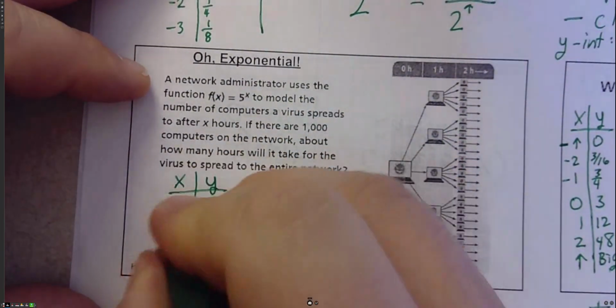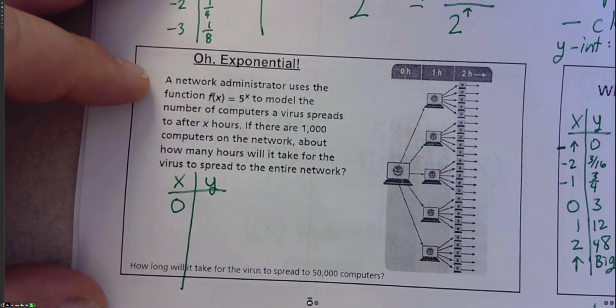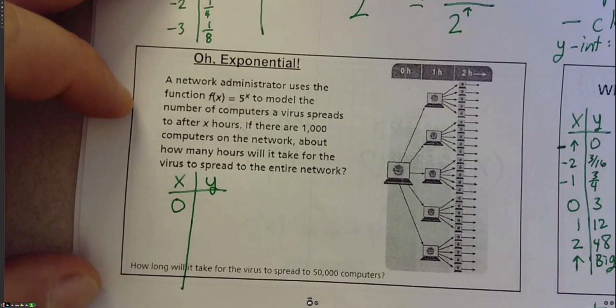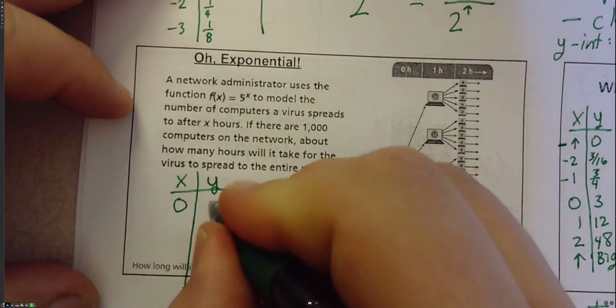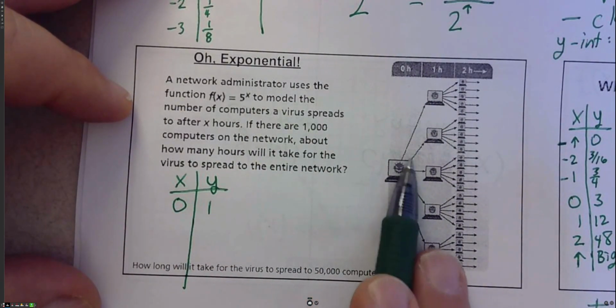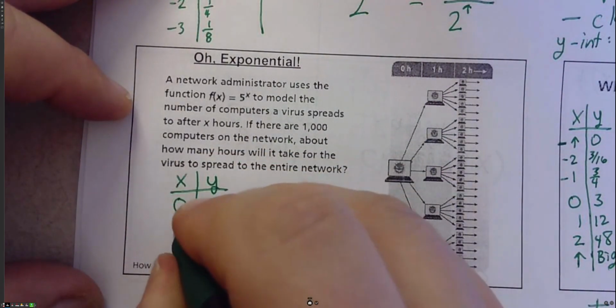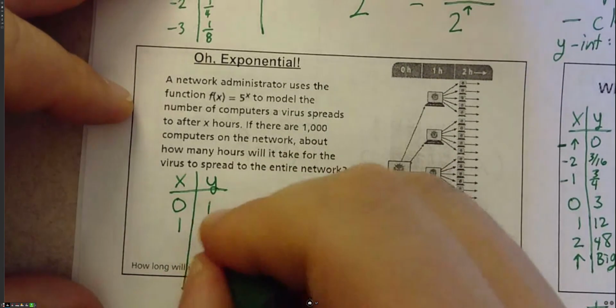Okay. So we know that at the start of time, how many were affected? 1, right? Because 5 to the 0 is 1. I love how mean this guy looks. And then at 1 hour, 5, right?